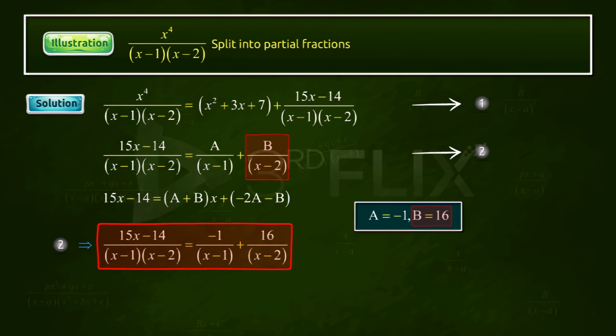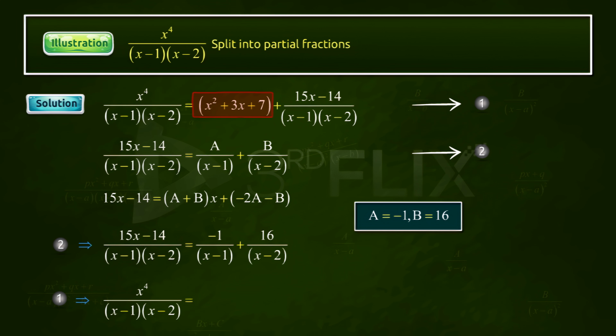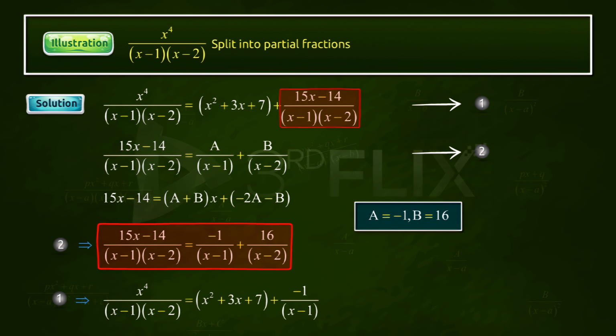Replacing this partial fraction in equation 1, equation 1 becomes x⁴/((x - 1)(x - 2)) = x² + 3x + 7 + (-1)/(x - 1) + 16/(x - 2).